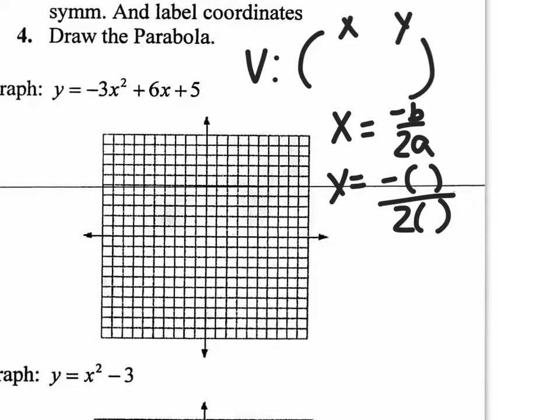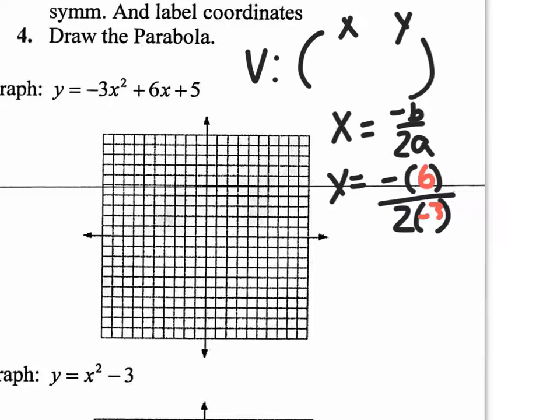So what is my b value that belongs up here? Look at your b value over here. What's my b value from this standard form quadratic trinomial equation? 6, thank you. So let's plug in a 6 for b. What's my a value on your standard form quadratic trinomial? Negative 3, thank you.